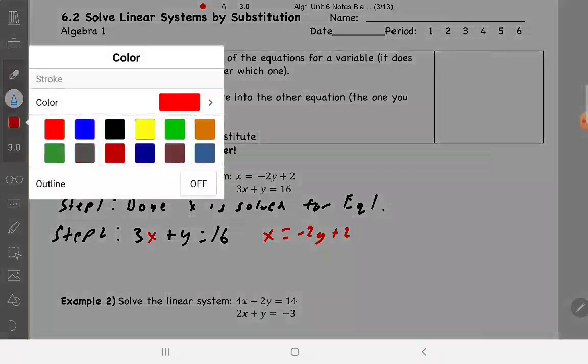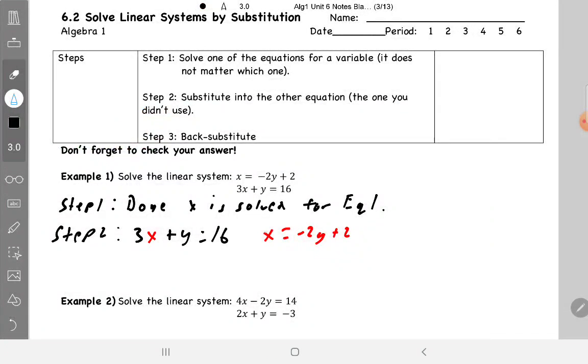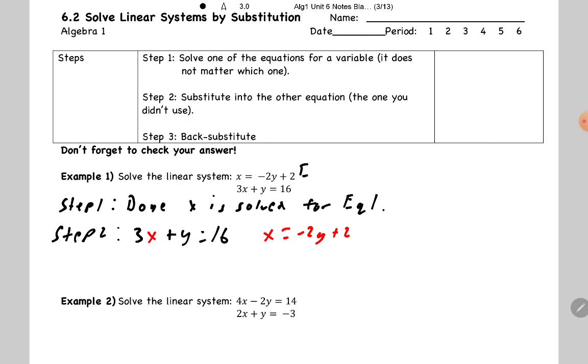Okay, so what's going on here is, let's call this equation 1 and equation 2. In that first one, it was already solved for x. So this x is equal to negative 2y plus 2, and we're going to substitute it into this x right here.